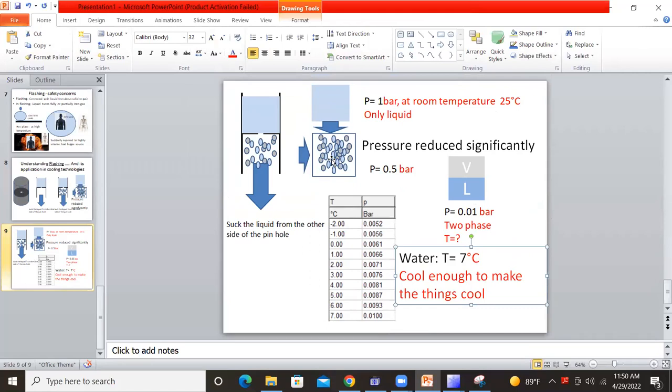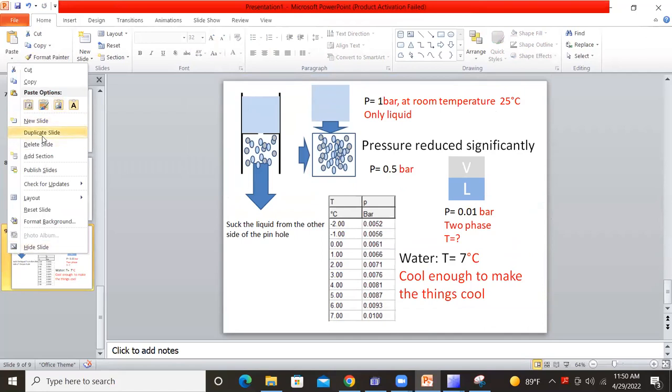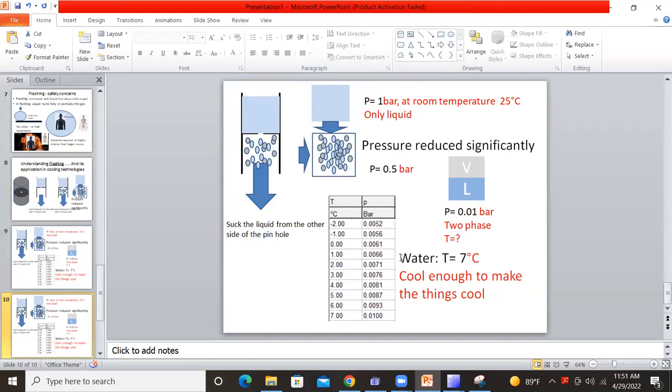So what is the function? Flash. Somehow you have to digest this. So I will take another. Let's say not water. You know some refrigerators, air conditioners, R134A, you have heard of this. For R134A, pressure 0.01 bar is quite low.